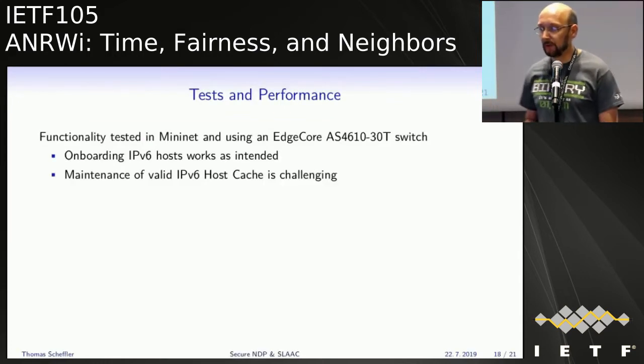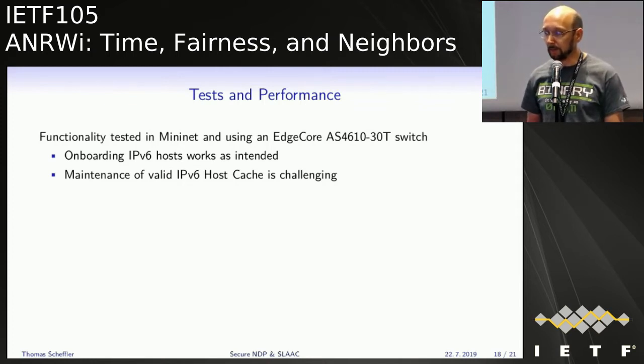So we tested a lot of this in Mininet, but also some of it on some real OpenFlow hardware. The basic functionality of onboarding IPv6 hosts is quite easy to implement and works as intended.